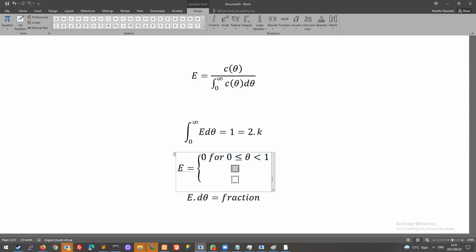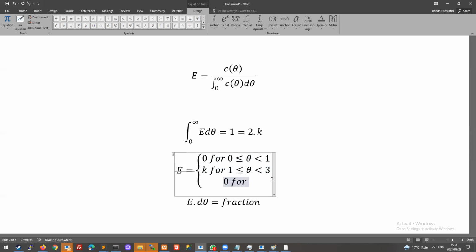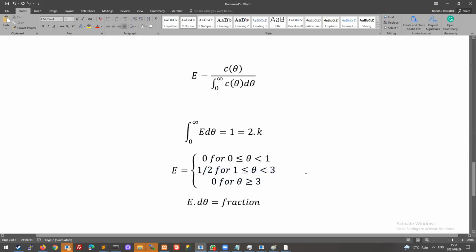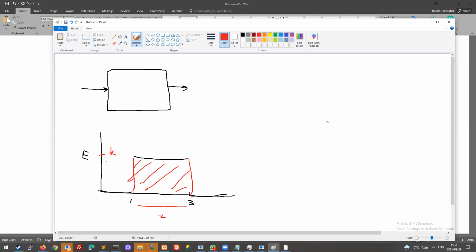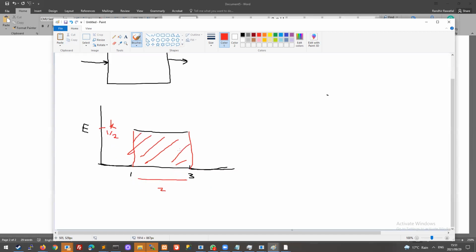Then it's equal to K for theta between 1 and 3, and then it's 0 again. And we've just worked out that k is a half. So that's our E function. So we have, this is a half. Okay, so that's part of our problem solved.